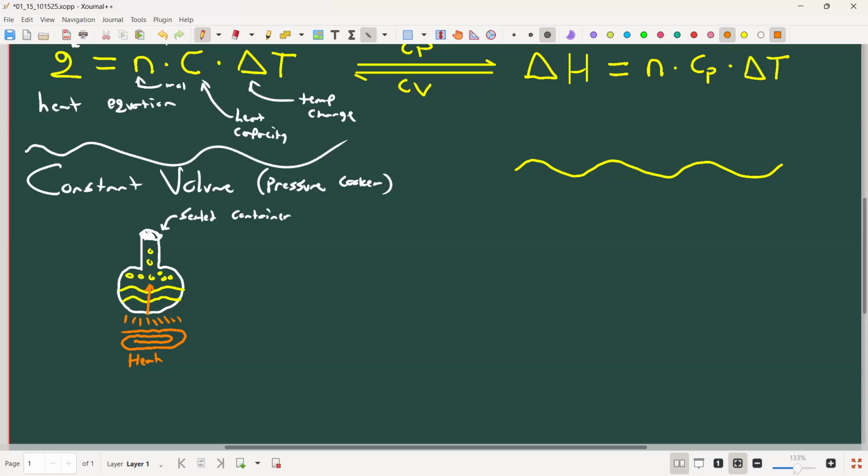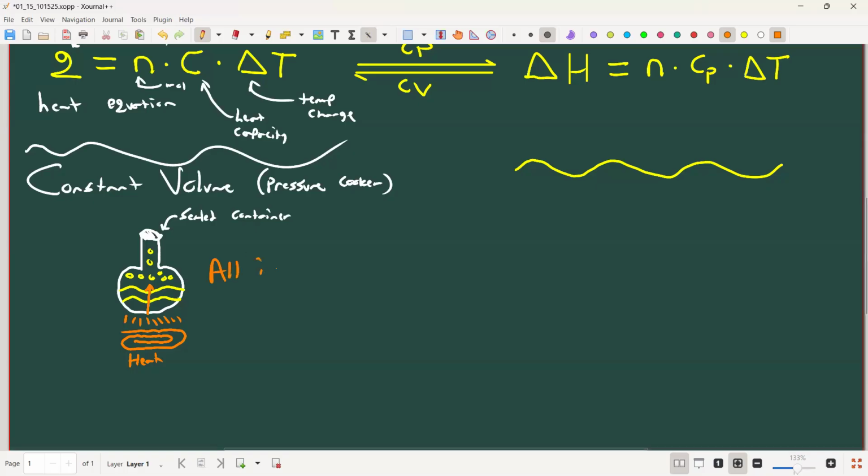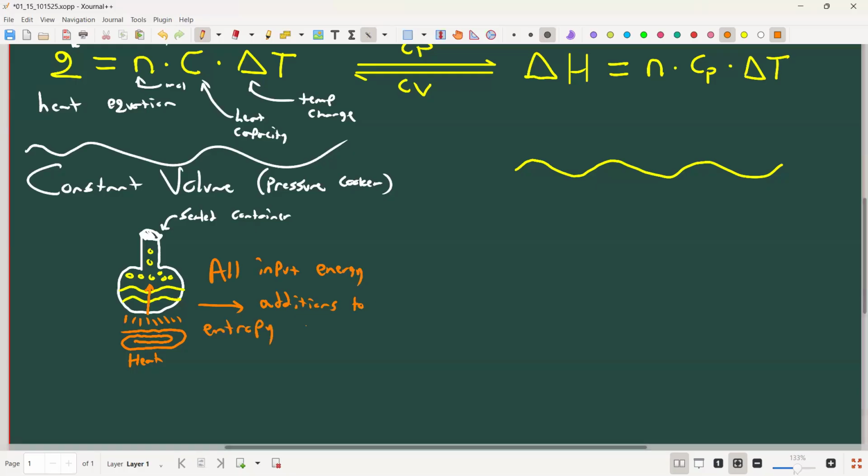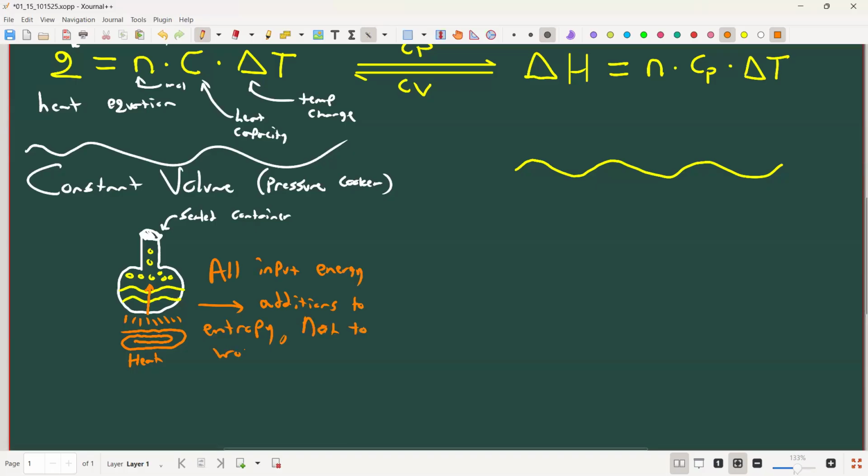So all of the input energy is just additions to the entropy or the heat, not to work.